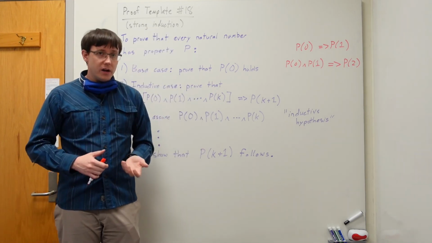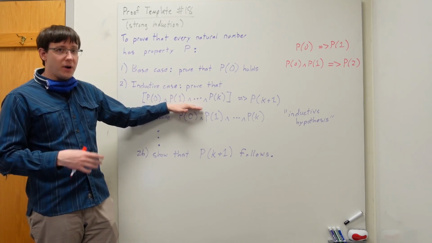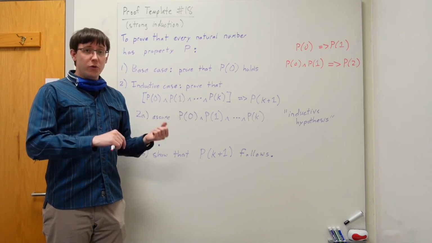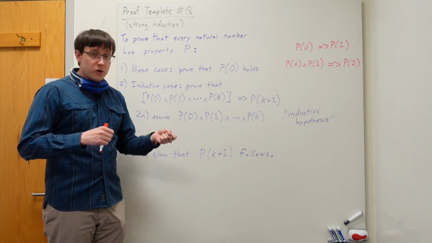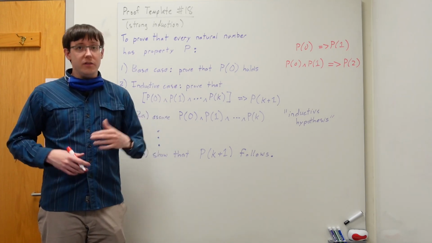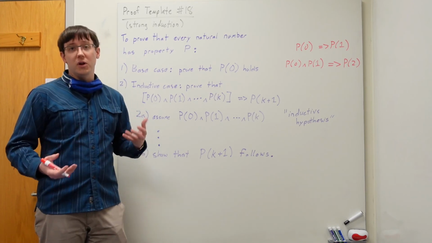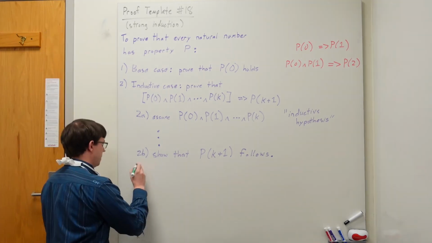But strong induction, so called because we are making a stronger inductive hypothesis, can allow us to prove some things that are harder to prove with regular induction. A great example would be the same upper bound on the Fibonacci numbers that we proved using smallest counterexample last time.